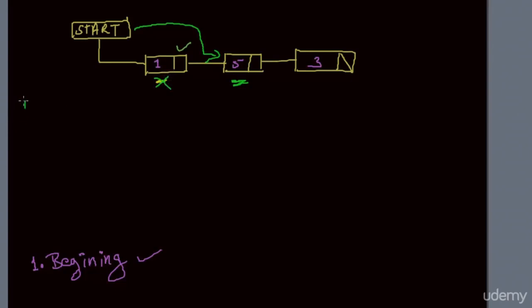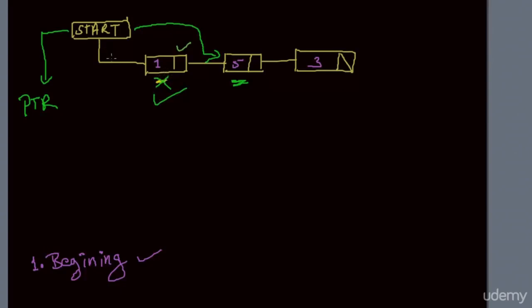First would be to take a temporary variable, for example ptr. Now in this temporary variable, we will copy start. Now why will we copy start? Because we would require the address which is currently in start to delete, or in other words to free up the memory which is allocated by the node with data 1.